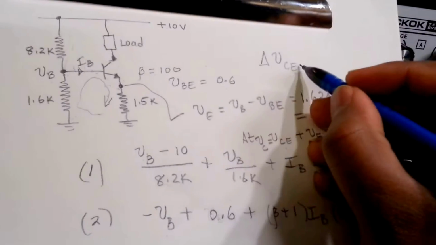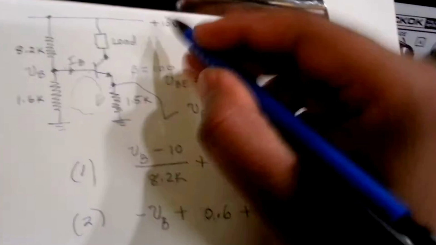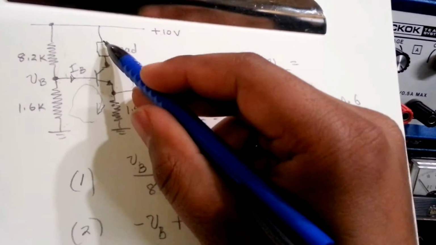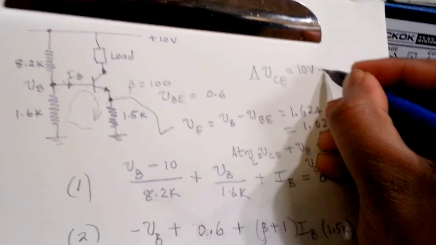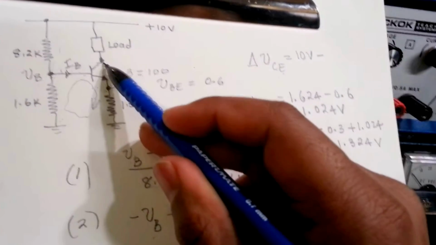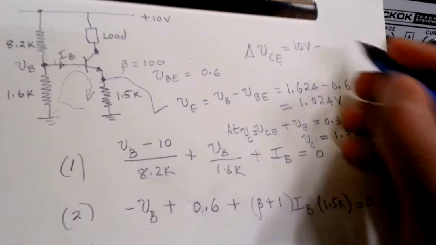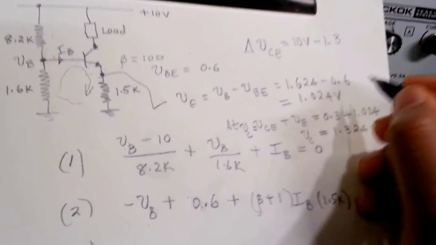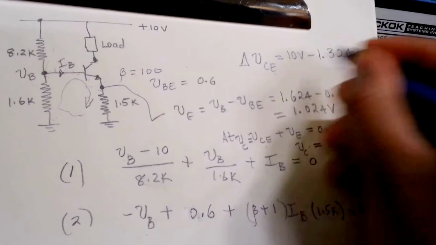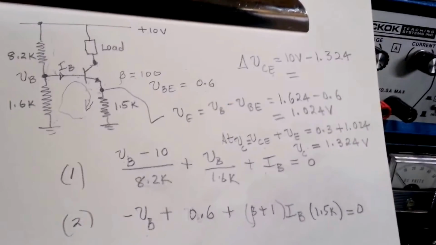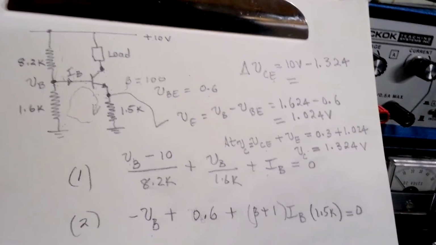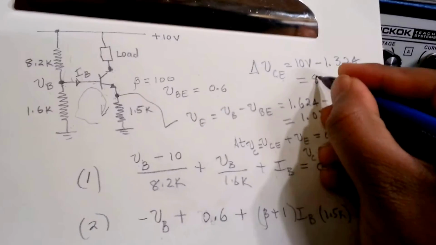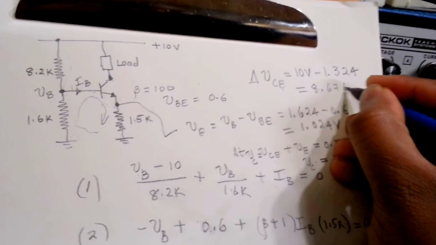Now the compliance voltage, going back up to here: the collector when the transistor is almost off is 10 volts, minus the value right before it enters saturation, which is 1.324, and this gives us basically 8.676 volts.